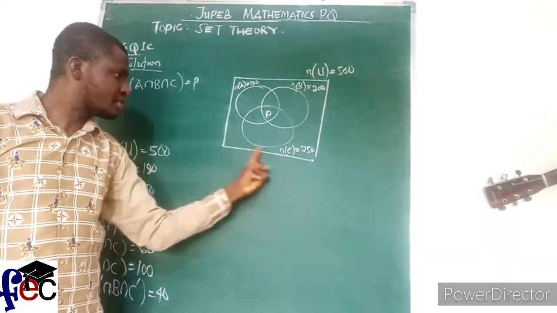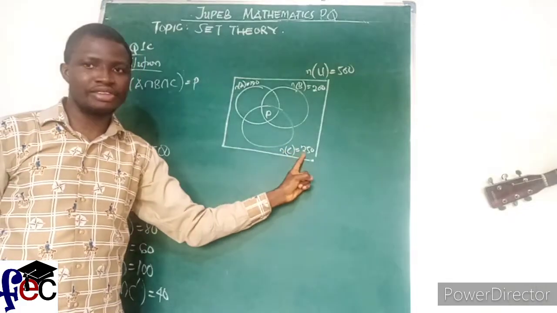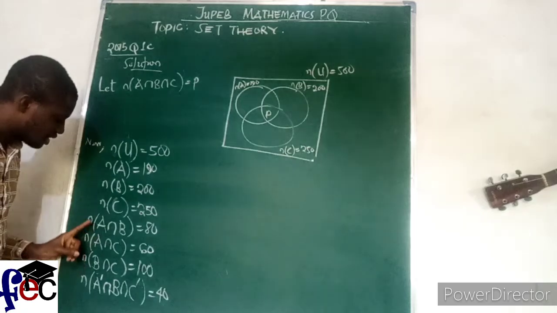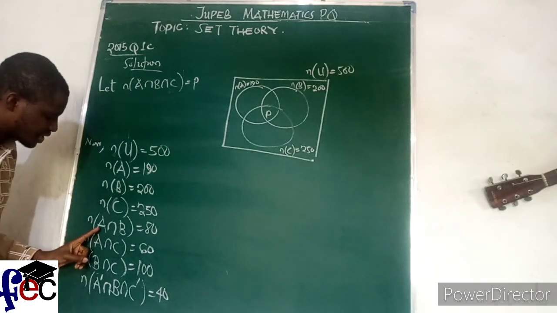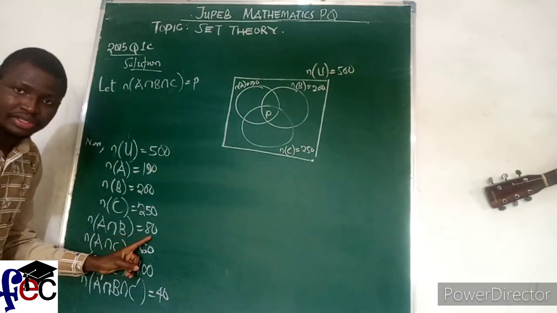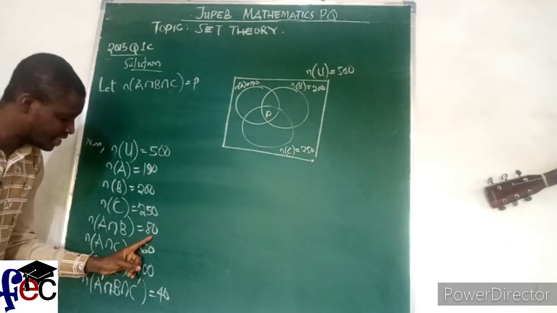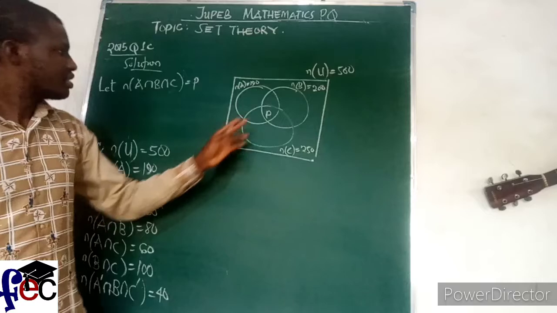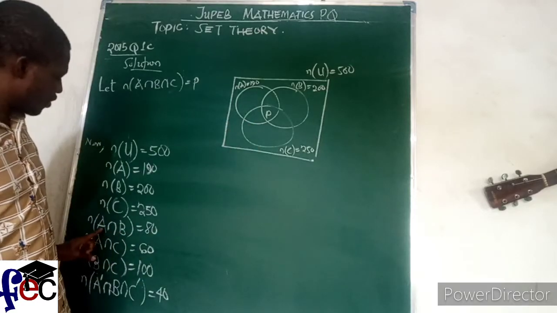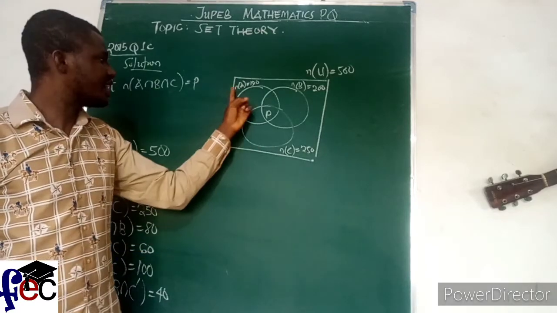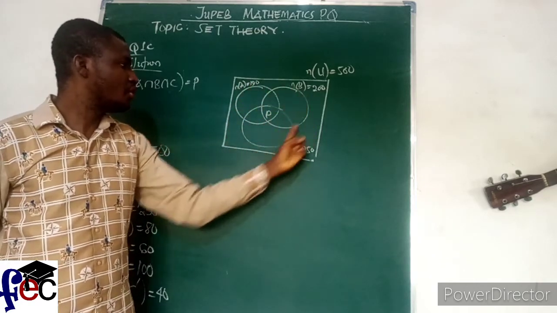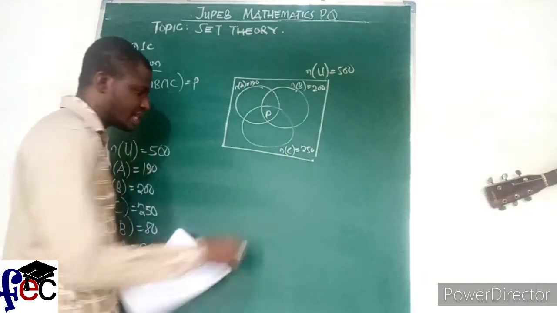Everything in this circle represents those that voted party C, and their number is 250. Okay, so the next part says that the number of those that voted party A and party B is 80 in number. So that means, where is the region for A intersection B? We get the circle of A, the whole of this, and the circle of B, the whole of this. Where do they meet? Look at it.